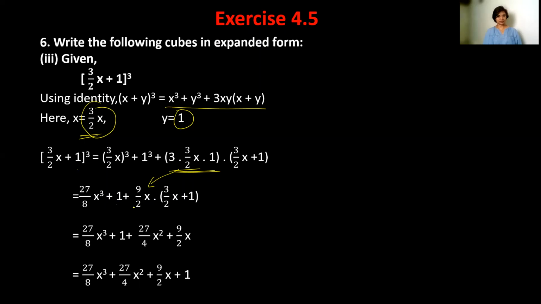And now we have to multiply this into this. So 9 3s are 27, 2 2s are 4, and x into x, x square. And with 1, if you multiply, you will get 9 by 2x. Now we are arranging it. So 27 upon 8 x cube plus 27 upon 4 x square plus 9 by 2x and plus 1 will come here.